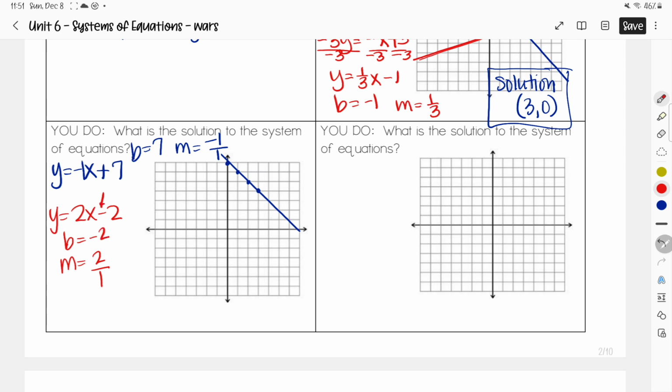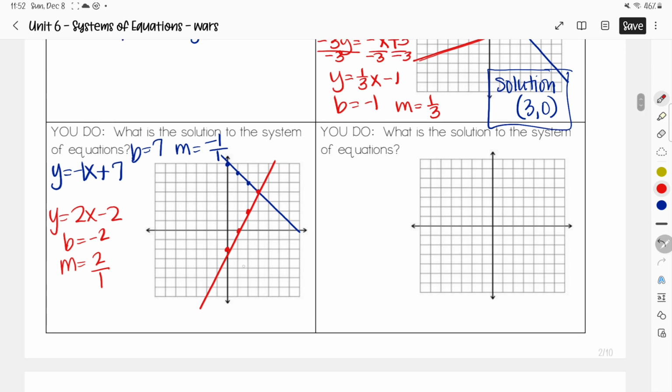See the negative right there? See, I make that mistake too, you guys. Okay, so -2, up 2 over 1, up 2 over 1. I knew because it was supposed to meet, and it wasn't going to. It's supposed to meet at a nice point that wouldn't give me a fraction or a decimal.